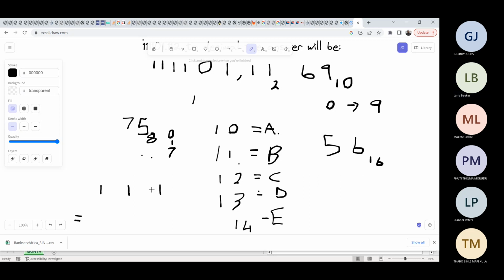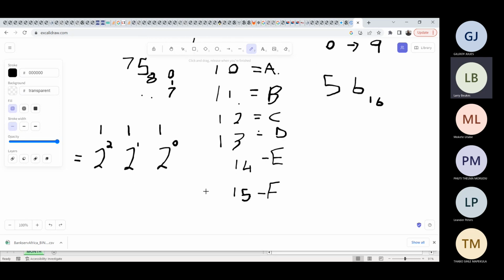Now this bit, what is this? The least significant bit. This will be 2 to the power 0, this one will be 2 to the power 1, and this one will be 2 to the power 2.